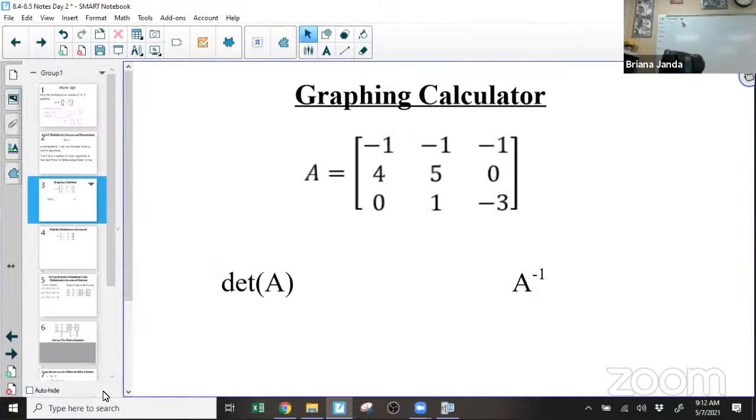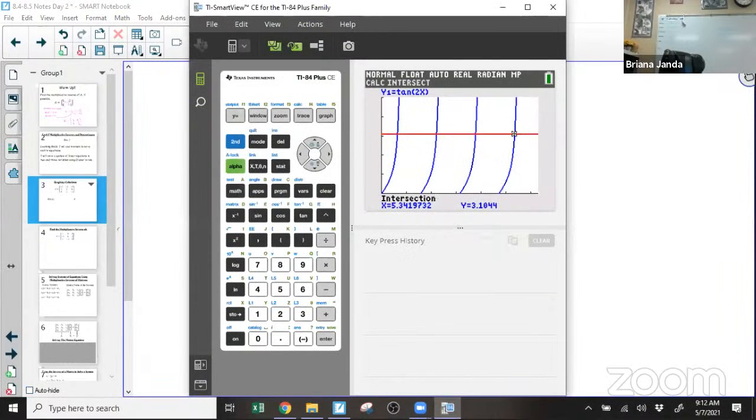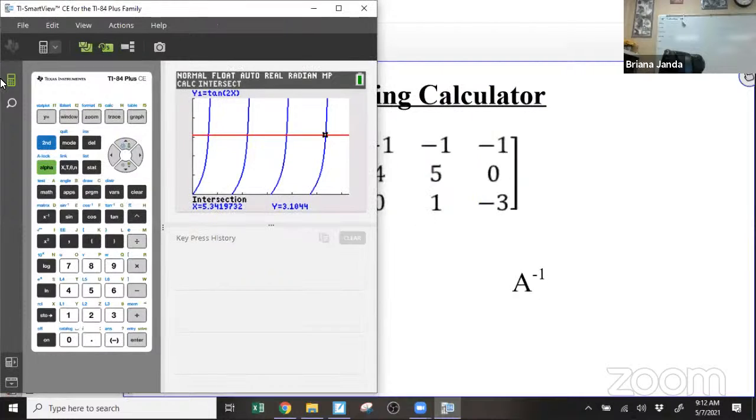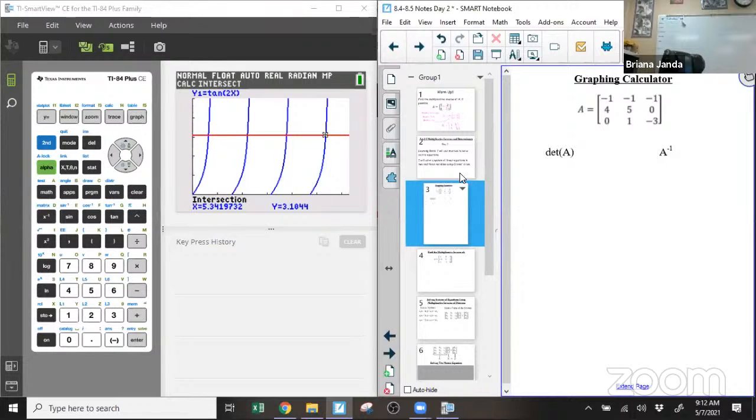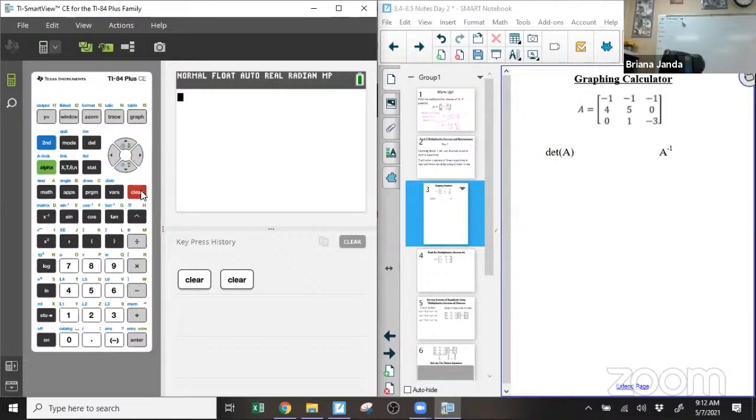Everyone have that matrix written down, please, and we are going to add to this my calculator up here. Okay, so to input a matrix, you are going to use the matrix button.